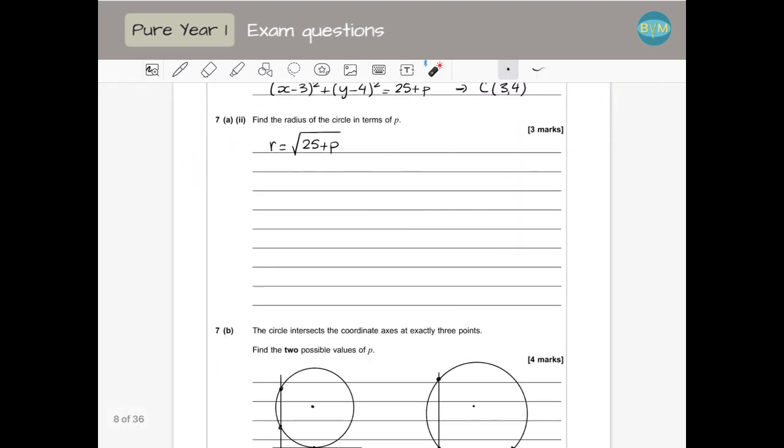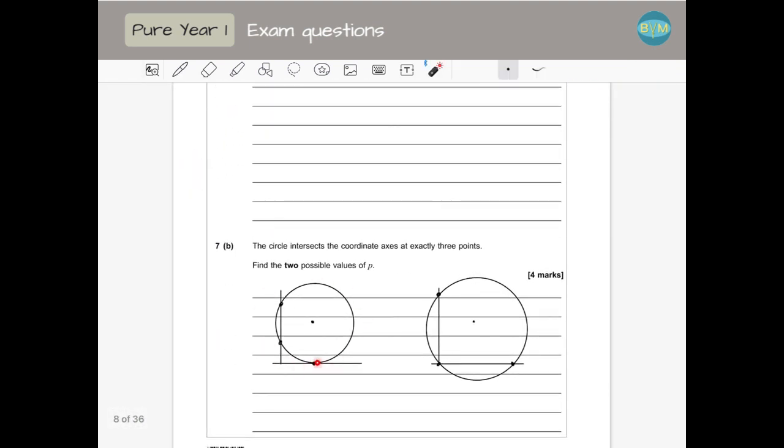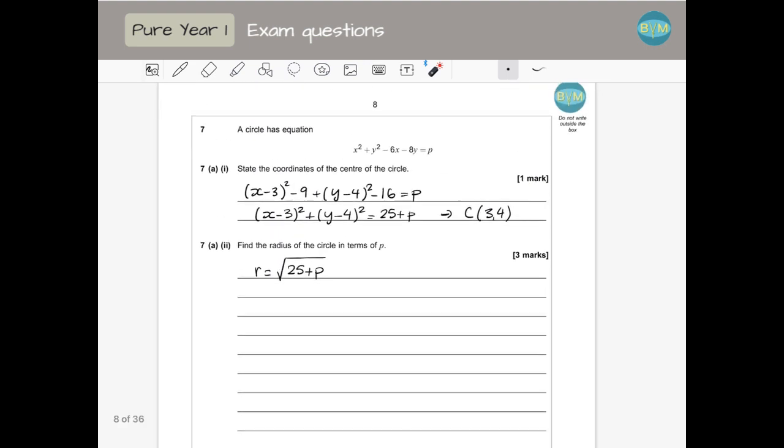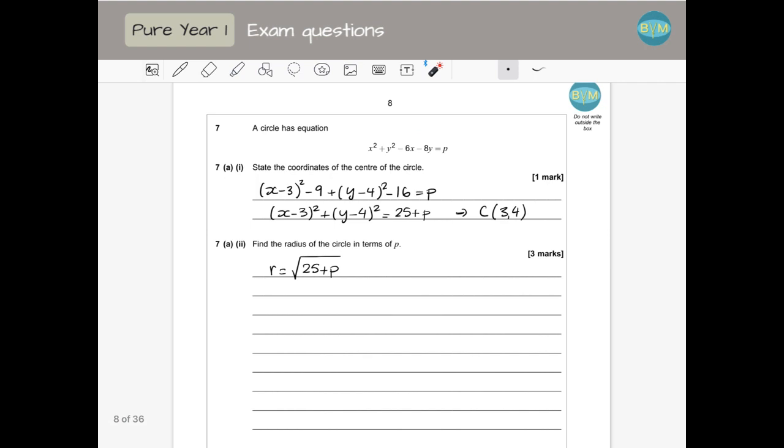If we have the first situation, the circle must be tangent to the x-axis, and the equation of the x-axis is y equals 0. So the intersection between that line and the circle must have only one solution.